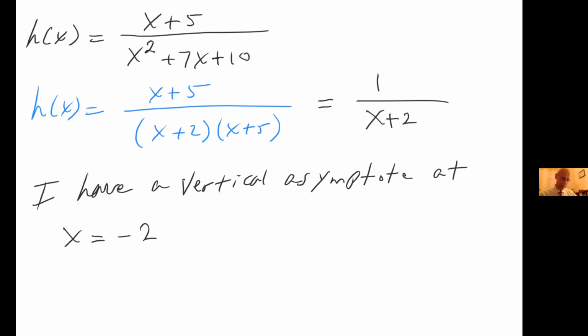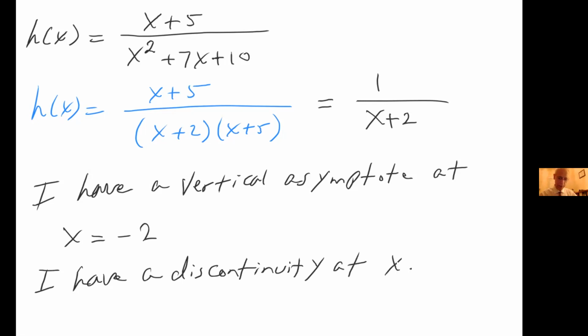And I can say that I have a discontinuity at x equals -5, because x equals -5 makes both the denominator and the numerator 0 at the same time. And as I showed, I could cancel that.